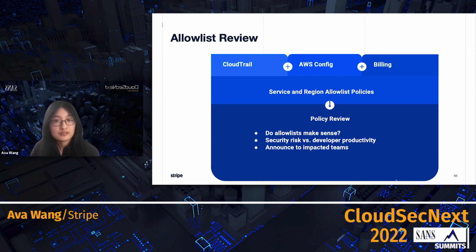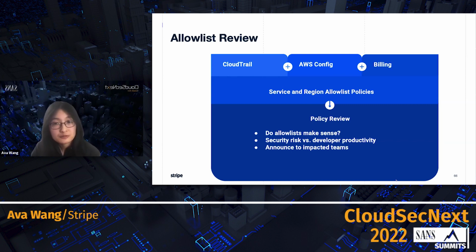With the union of the CloudTrail, config and billing data, we can formulate the service and region allowlist policies. And finally, we can review our new policies. At Stripe, we went through each service that will be denied, determining what the service does, the security risk for the service, for example, whether it's a data store, whether its resources can be configured to be publicly accessible, whether it allows arbitrary code execution, and more.